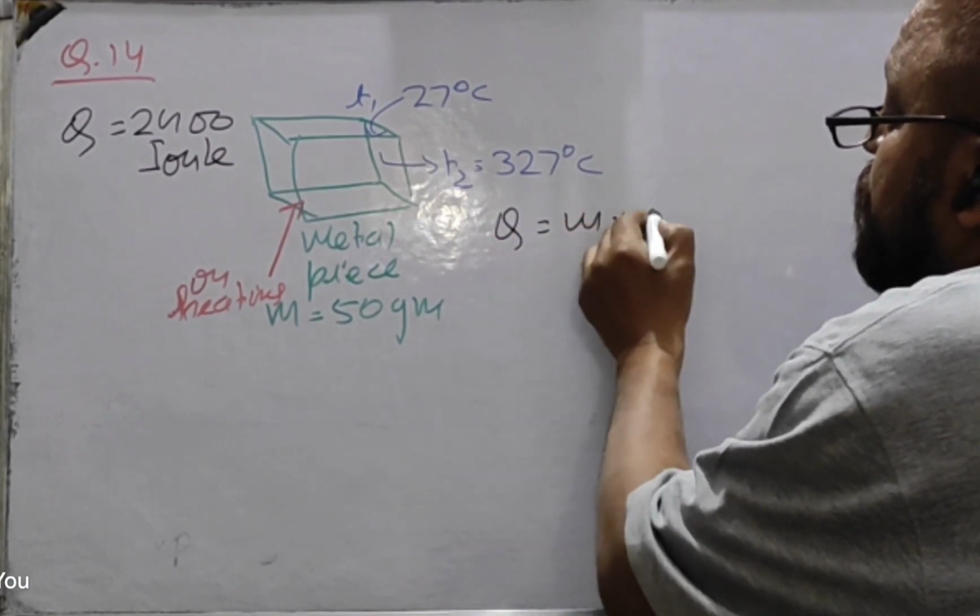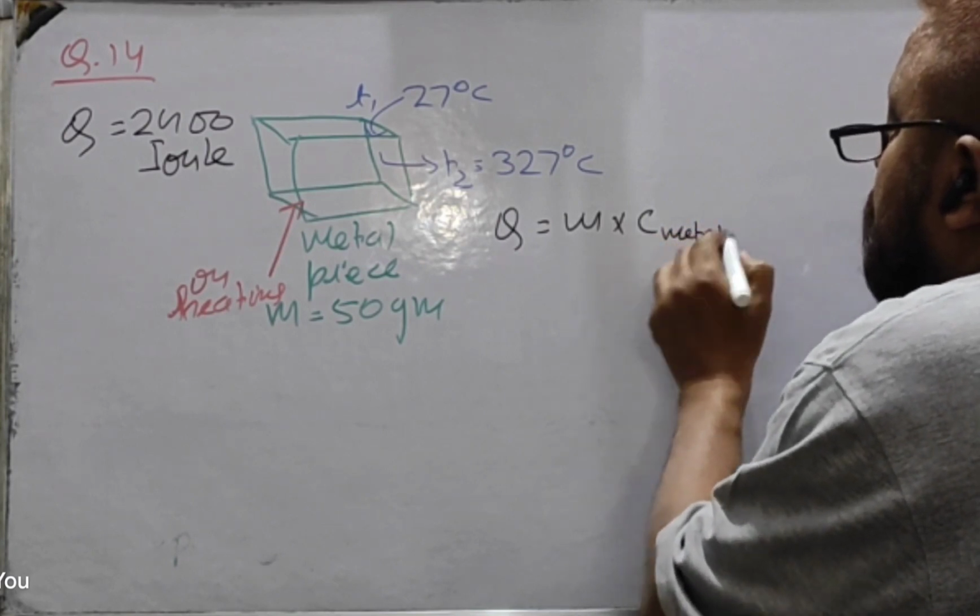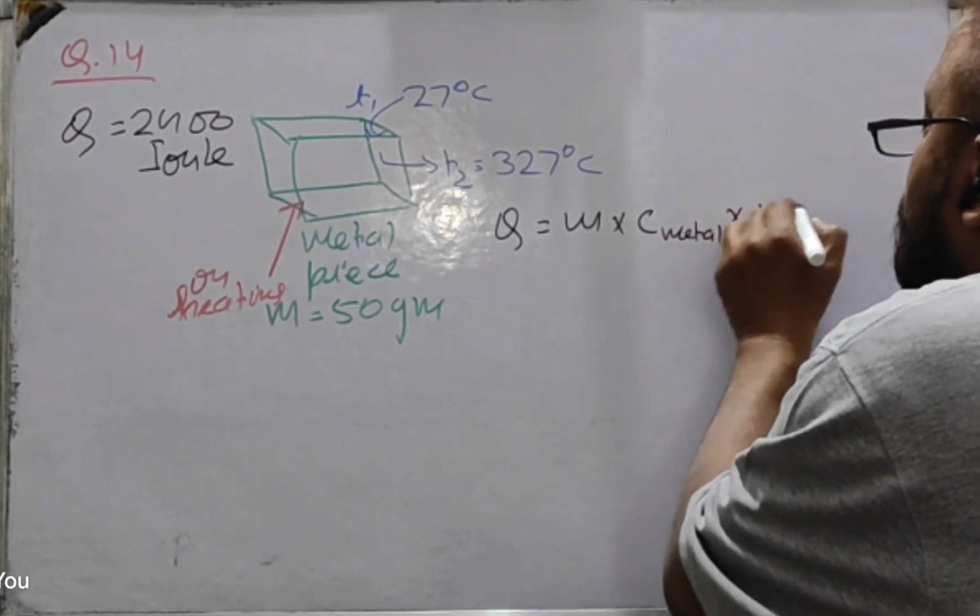So Q is equal to M into C into delta T, where C is the specific heat capacity of the metal.